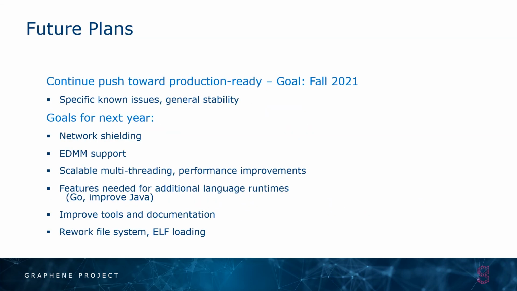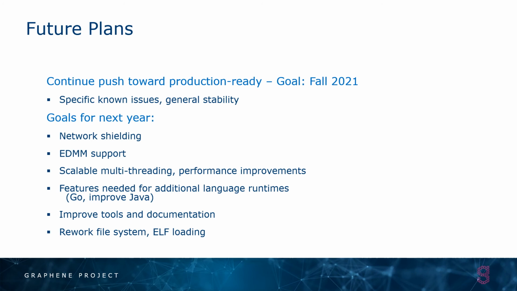Where the project is headed is that we hope to have a production ready release by next fall, if not sooner. Again, we have a set of documented issues that we're working through, but at a high level, we feel the project is ready for people to play around with. The functionality is there, and I think you could start building applications on speculation that the security issues will be addressed by the time you're ready for it.